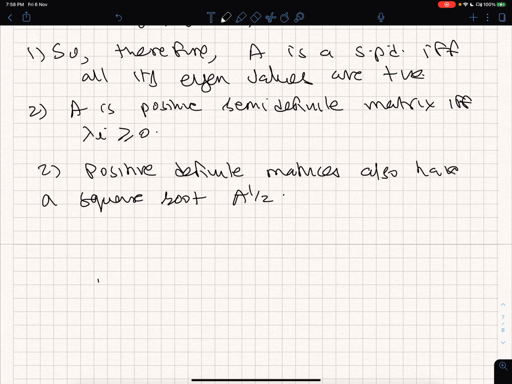How do I show that? This is like introducing the concept of a square root of a matrix, and that is only possible with positive definite or semi-definite matrices.